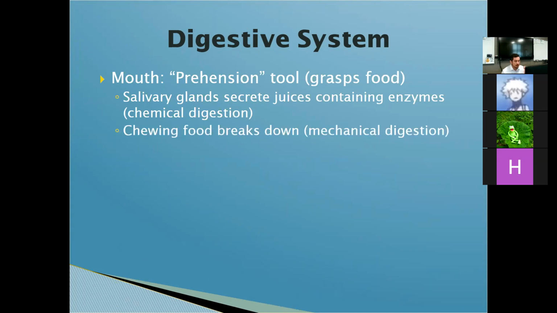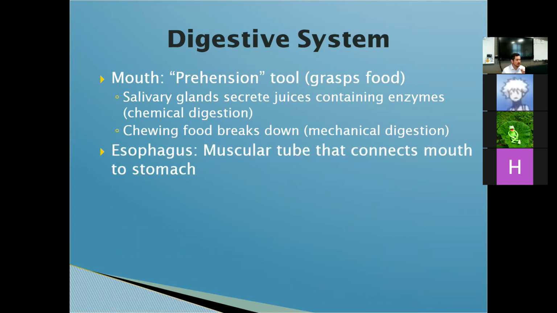Then we have the chewing of food, which is mechanical digestion, where we break that down into smaller pieces with our teeth. Most livestock have a lot less teeth than we do. They do much less mechanical digestion than we do, especially when we're talking about ruminants.